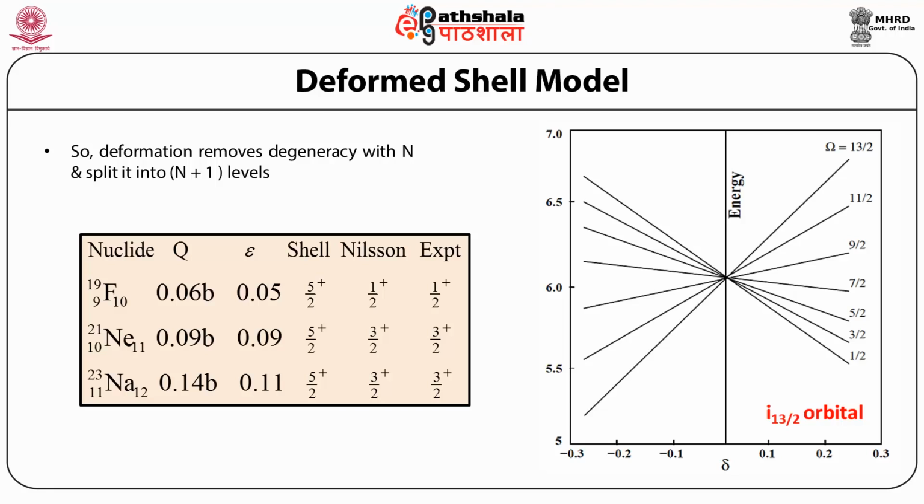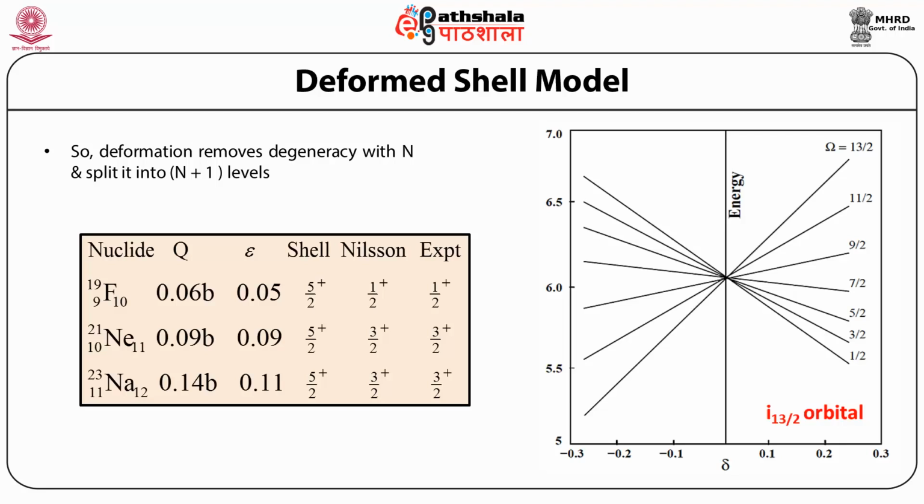Quadrupole moment observed for this nucleus is 0.06 barn. Deformation observed is 0.05. As per the shell model, its ground state spin and parity should have been 5/2 plus, but since it is deformed, according to Nielsen its ground state spin has to be 1/2 plus, and experimentally also for fluorine 19 the ground state spin and parity turns out to be 1/2 plus.